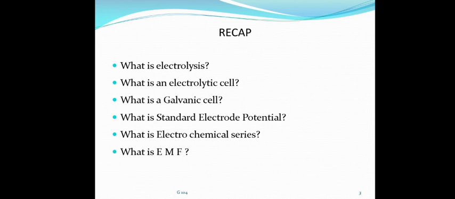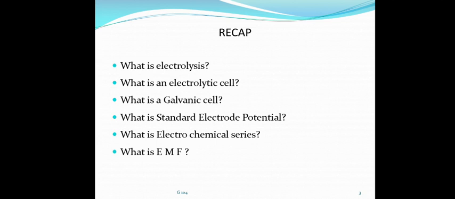What is EMF? The difference in the standard electrode potentials of two electrodes is taken as the EMF. What is this EMF? Electromotive force. That is the force which drives the electrons from one electrode to another electrode. So, from where to where do electrons go? Electrons go from the lower electrode potential electrode to the higher electrode potential electrode.